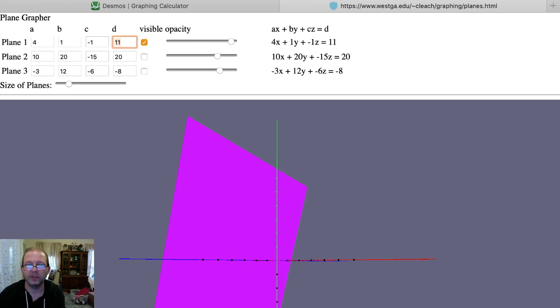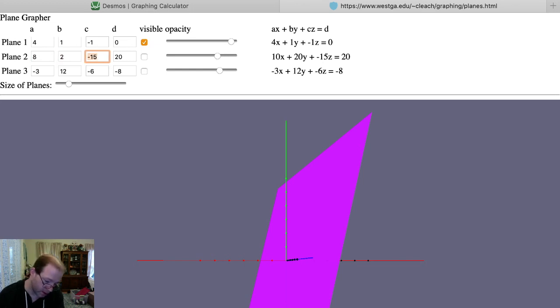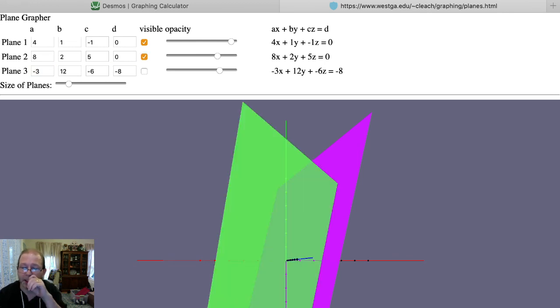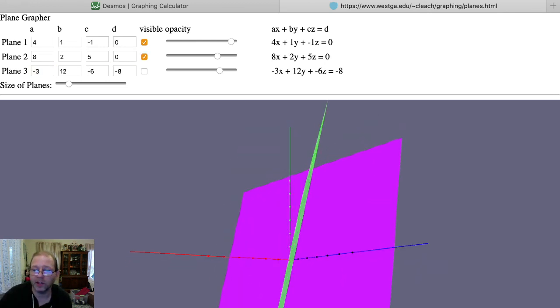This would work for any k, so I'm just going to put in k equals 0. That makes it go through the origin. All right, the other one was 8x plus 2y plus 5z equals t. And we said for any t that we pick, these two planes are going to intersect.